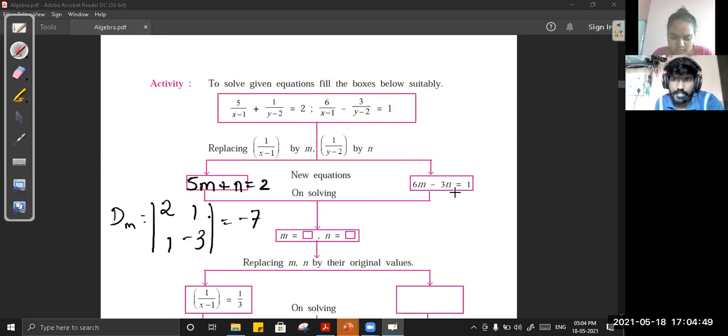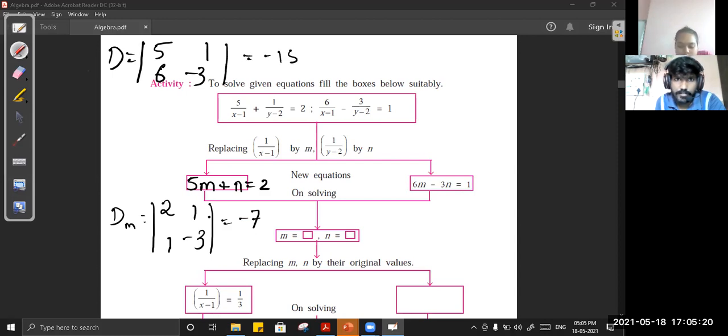No, getting it as minus 14. Minus 15 minus 1, minus minus plus. How 15? Because D will be 5, 1 and 6 minus 3. D is correct, yes. 5 3s are minus 15 and minus 6, that is minus 21. I'm talking about Dm.